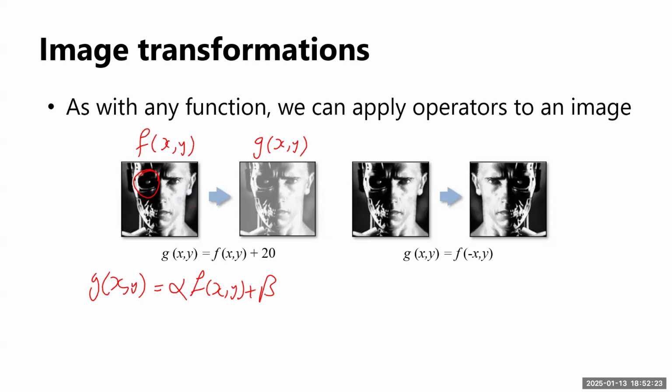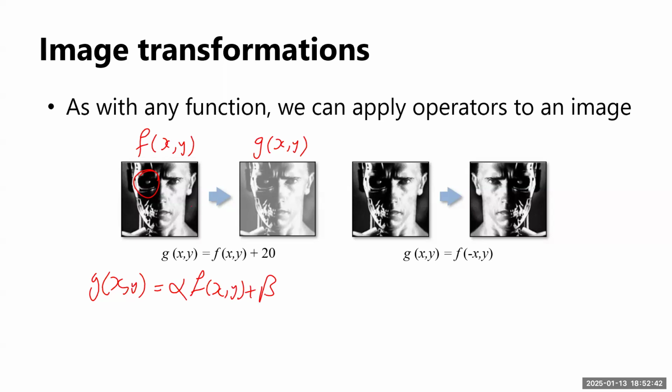So I can multiply those pixel values times something, then add it to another variable to achieve a newer enhanced version. Like exactly what I'm doing here. So here, the value of alpha will be 1, the value of beta is 20.